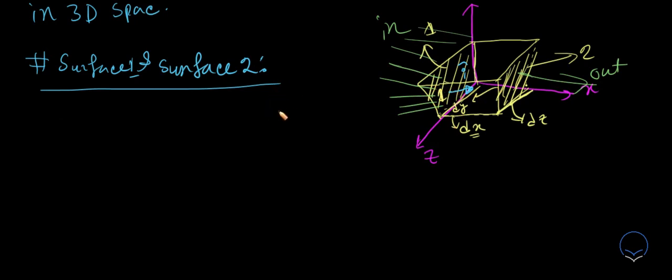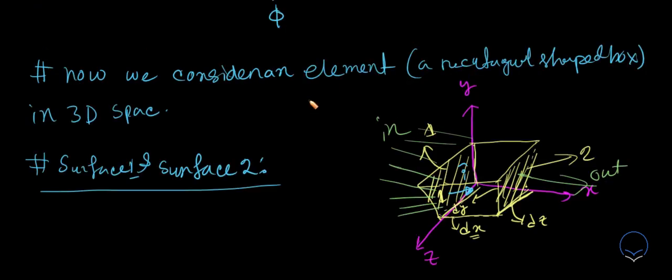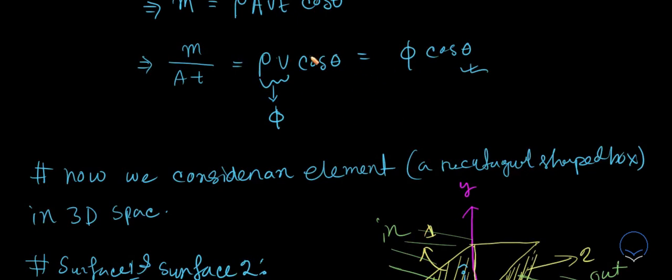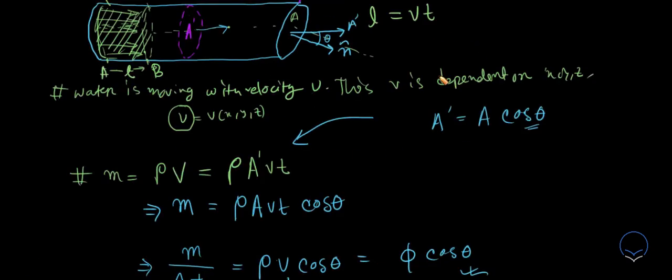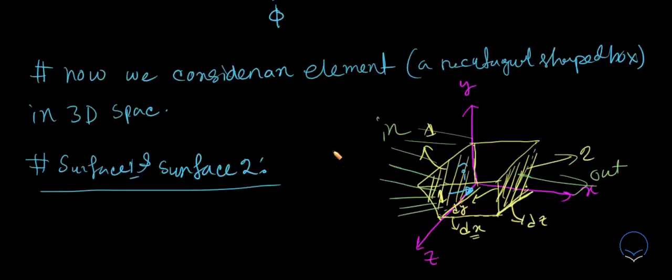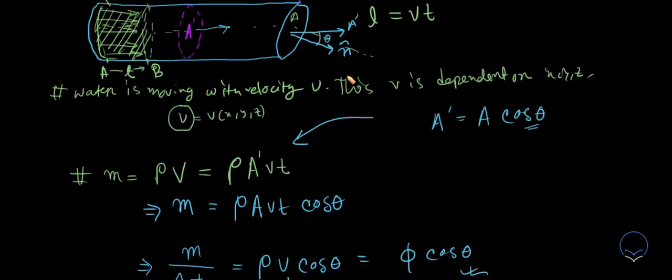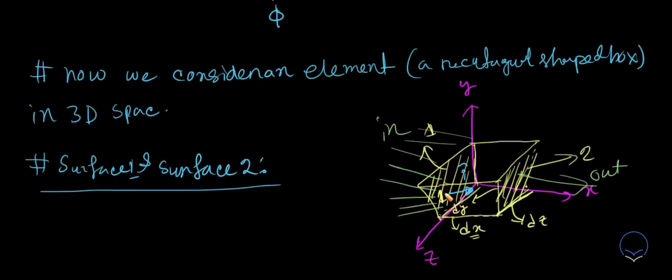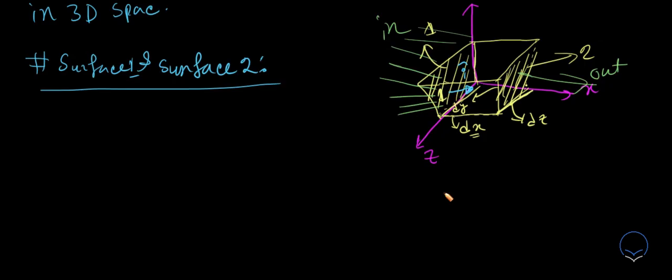We already denoted this phi with rho v, associated with the mass flow per unit time per unit area, and obviously there was a cos theta because these two areas had some angle between them. Here we will consider where theta is 0. That means the velocity vector and the area vector will coincide.